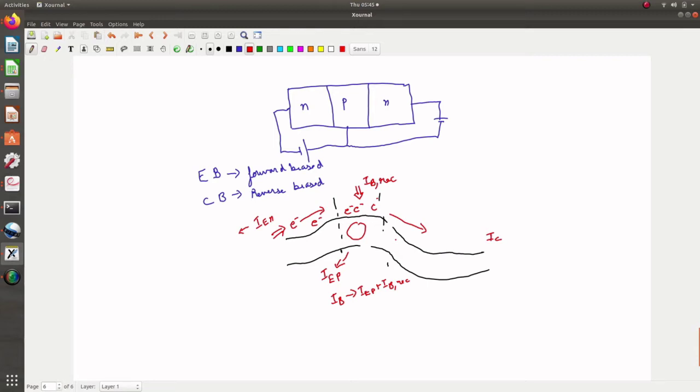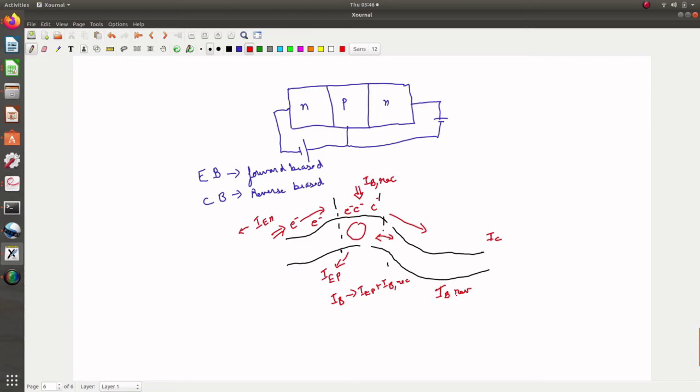Since the junction between collector and base is reverse biased, there will be only a possibility of a leakage current through the junction, which we can term as IBREV, which is the reverse leakage current.